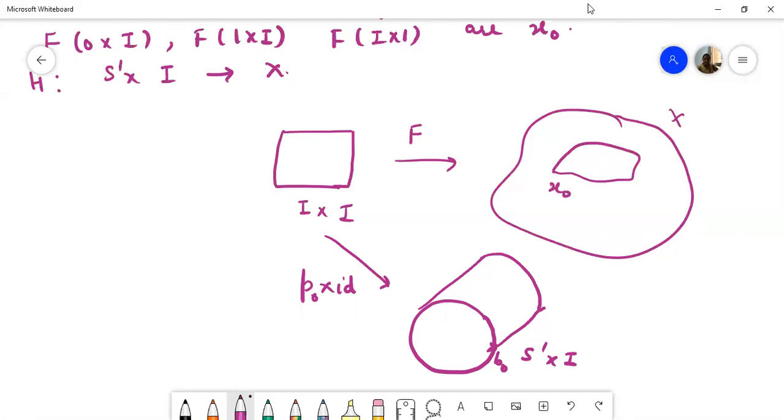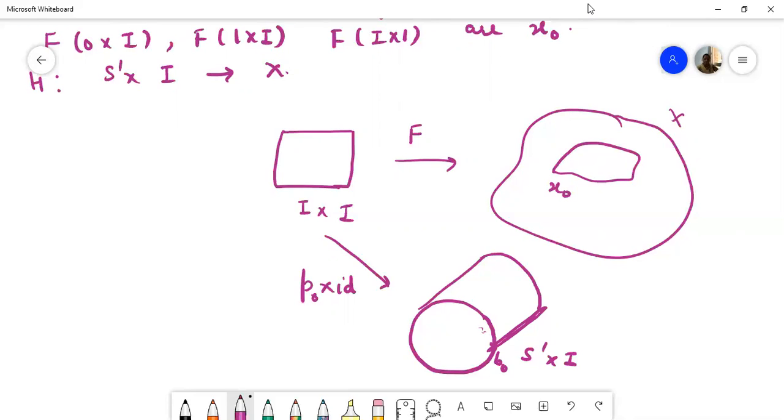So the left edge and right edge of I cross I go to this line b0 cross t. Otherwise it is continuous and injective. So now we can define H from S1 cross I to X by these two mappings.